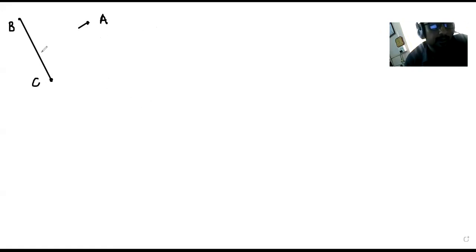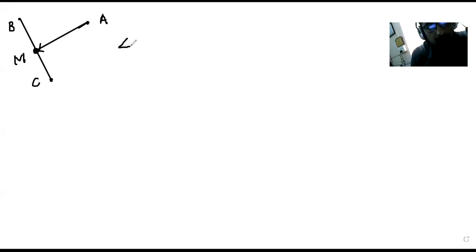Means it will end at a midpoint. Let's say we have this midpoint as M. And we have to find the vector from point A to the midpoint of straight line BC. So this vector we have to find out.